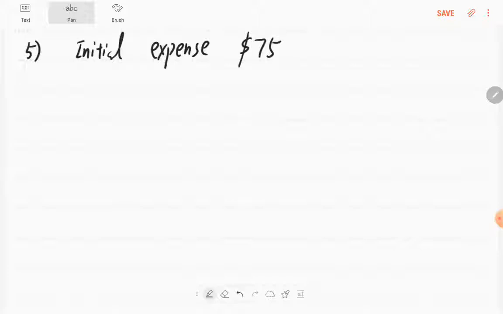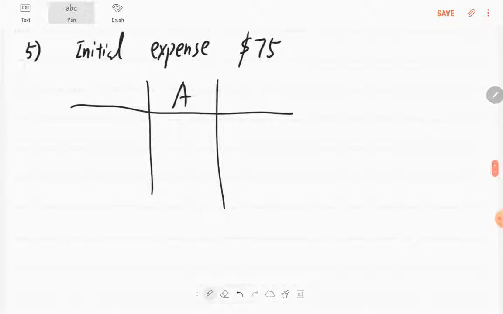The cost of type A is $3.6. Type B is $5.2.